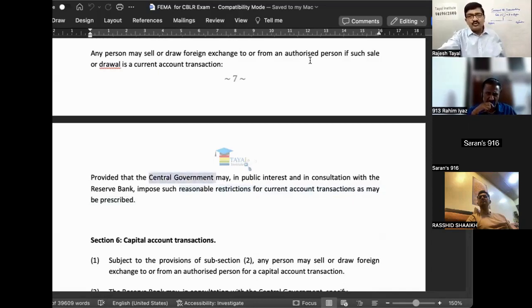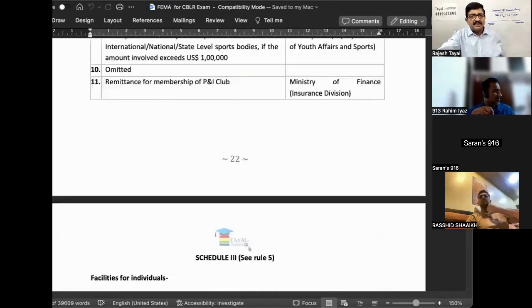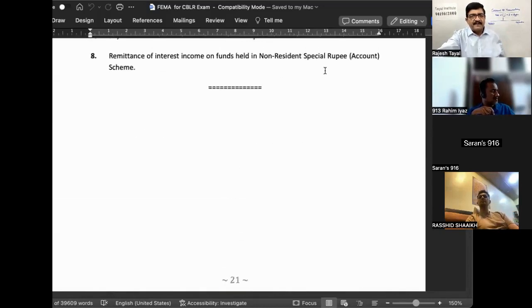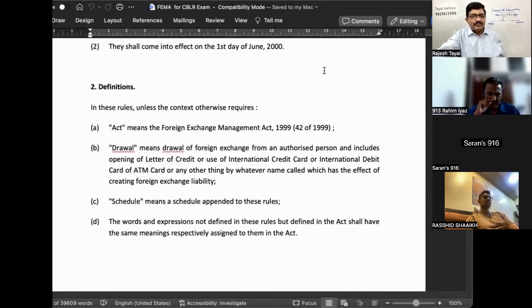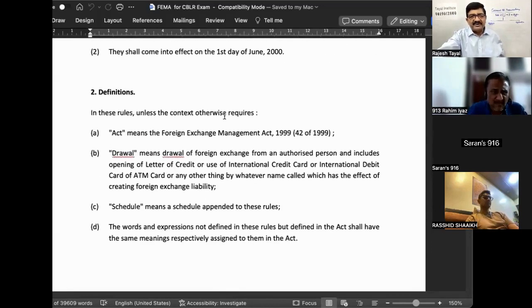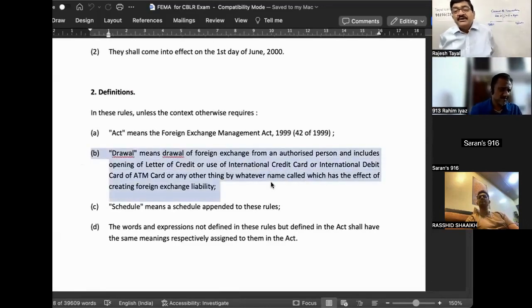So now directly taking you to those rules. Here are the rules. The meaning of drawal was already understood. Creating any liability in foreign exchange is referred to as a drawal. That includes the exchange of Indian currency into foreign currency, as well as expenditure by way of international credit card or debit card, including in foreign currency, or issue of LC or some other instrument. All that is referred to as a drawal. So drawal means drawal of foreign exchange from an authorized person.